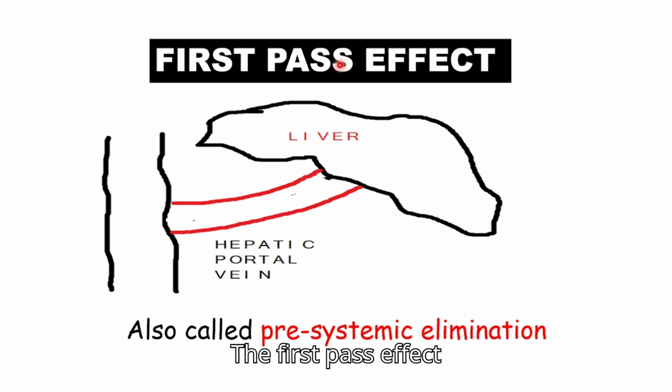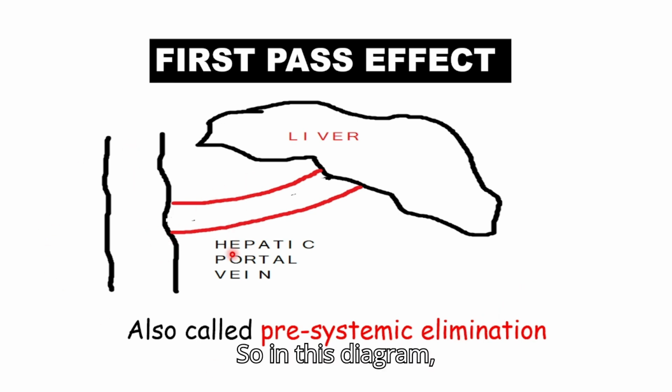The first pass effect is defined as loss of the drug by metabolic processes that occur in the GIT, in the gut wall, and the liver, so that the amount of drug reaching systemic circulation is greatly reduced.